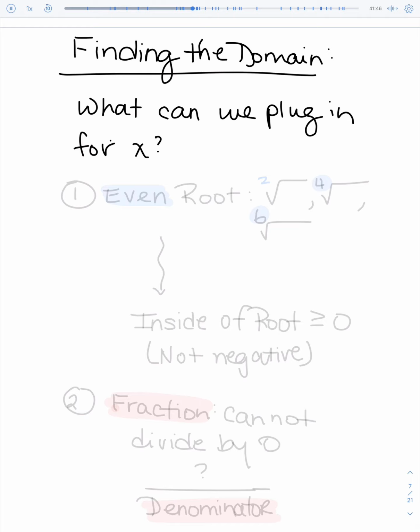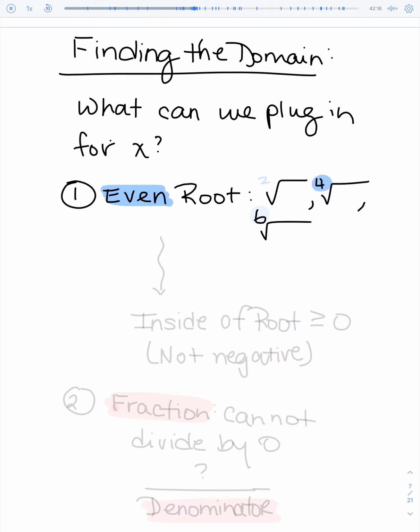Well, with regards to regular functions, we run into really two big mathematical no-nos. One of the big issues is when we have an even root. When we have an even root, meaning a square root, a fourth root, a sixth root, and why are we calling them even? It's because of the type of root.